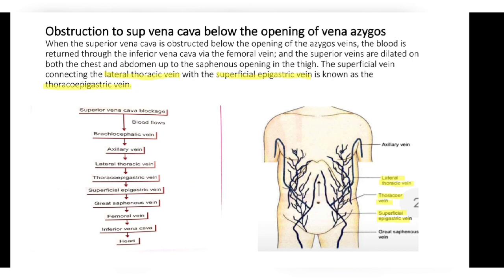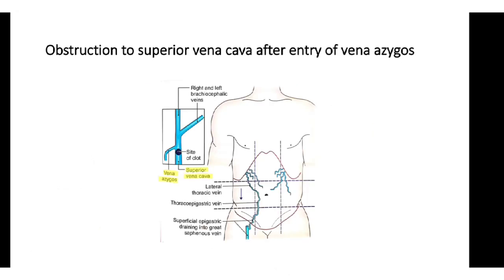When there is obstruction to superior vena cava below the opening of vena azygos, in this diagram we can see this is the superior vena cava, this is vena azygos, and this is the obstruction below the opening of vena azygos.